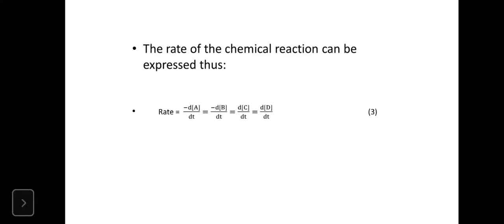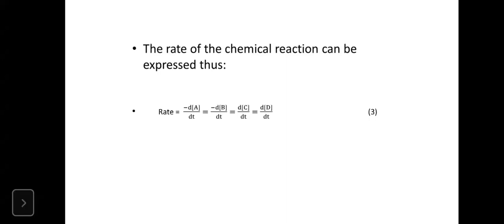On my right-hand side, that rate means mole per dm cube per unit time. On my left-hand side, that is what rate stands for. I define rate as something that is reacting per unit time, the rate of reaction of a compound. So the rate at which A is reacting, I can take A, I can take B, I can take C, I can take D. Whichever one, they are equal; they are linked together.